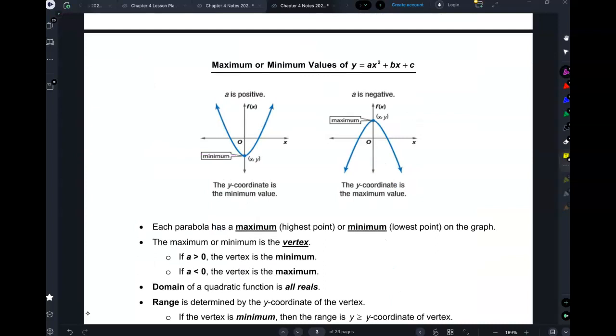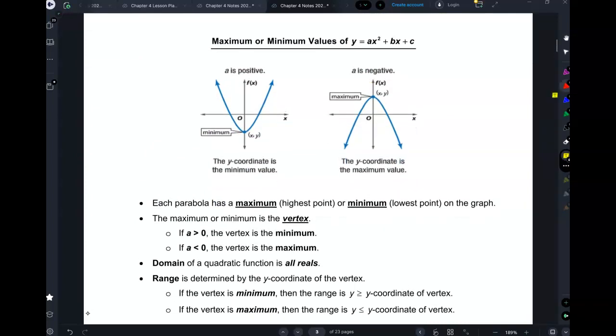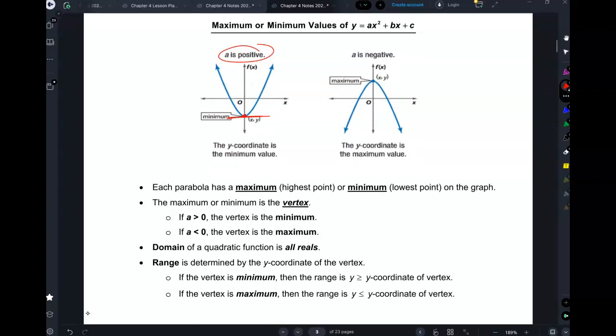So, when a is positive, the parabola opens up like this, and this vertex over here is the very lowest point that the parabola reaches. We call that a minimum. When a is negative, this vertex is the highest point that the parabola reaches.